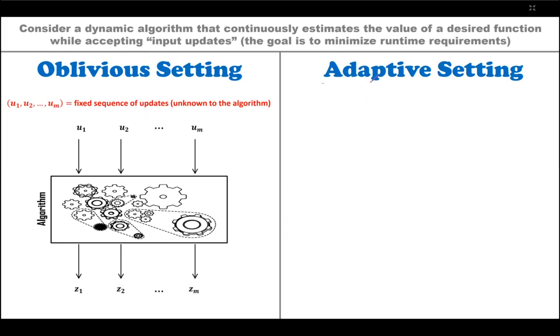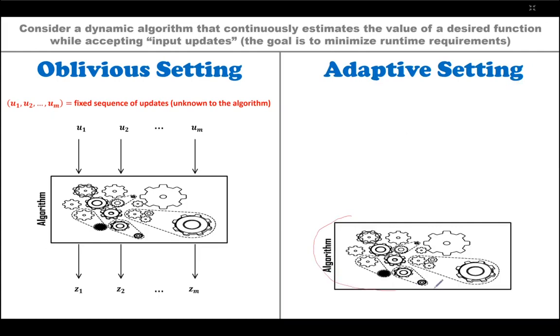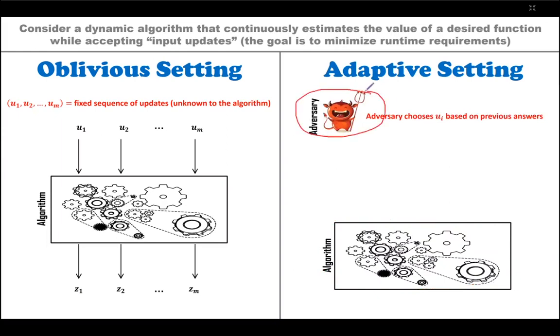Okay, that's fine. What happens here? We still have our algorithm, but now the input sequence is not fixed in advance. Instead, there is some kind of an adversary that chooses the updates adaptively as time goes by.